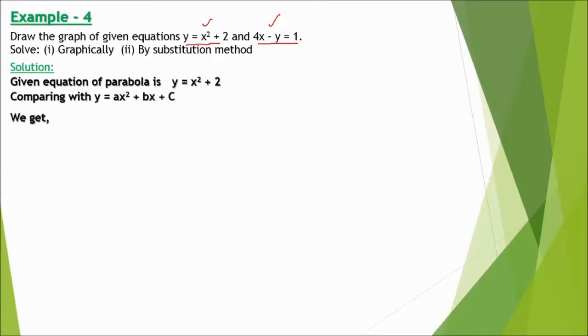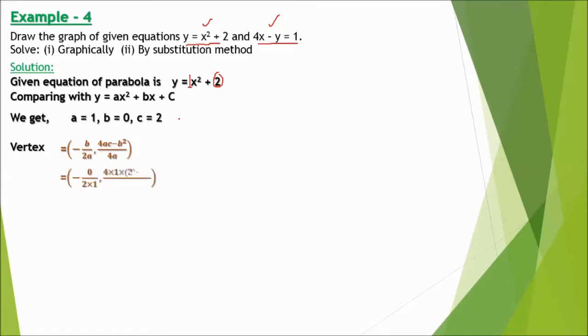Comparing, we get a equals 1, b equals 0, and c equals 2. Here a, the coefficient of x square, is simply 1, and this is c. As b is missing, the vertex will be (0, c). So no need to substitute. You can directly write (0, c), that is (0, 2), as the vertex. By substituting also, we get the same (0, 2).